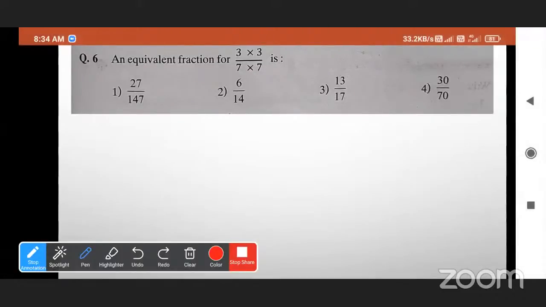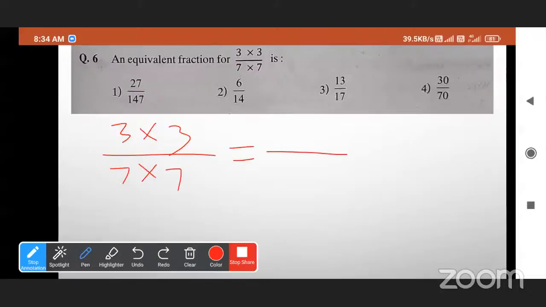Now we have to find out the value of this fraction. 3 multiplied by 3 is 9, and 7 into 7 is 7 twos are 14, 7 threes are 21, 7 fours are 28, 7 fives are 35, 7 sixes are 42, 7 sevens are 49. So it is 49. So which one is the equivalent fraction to 9 upon 49?